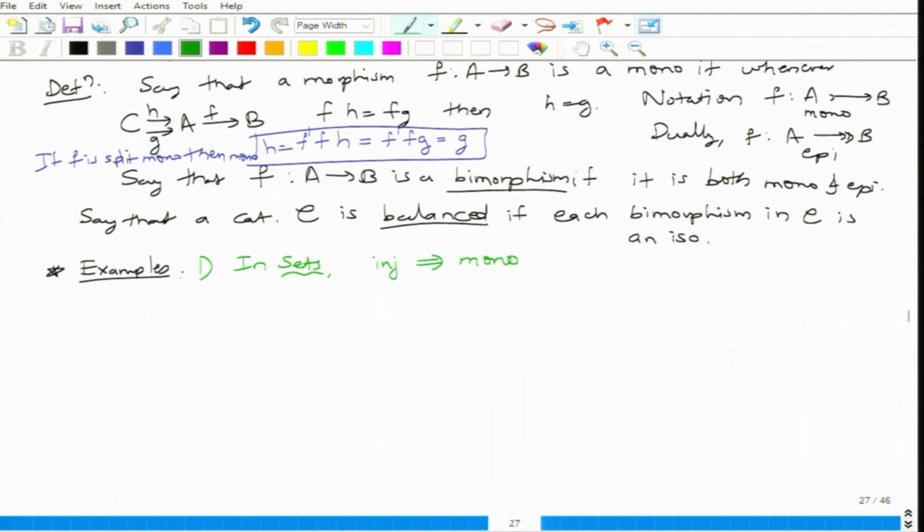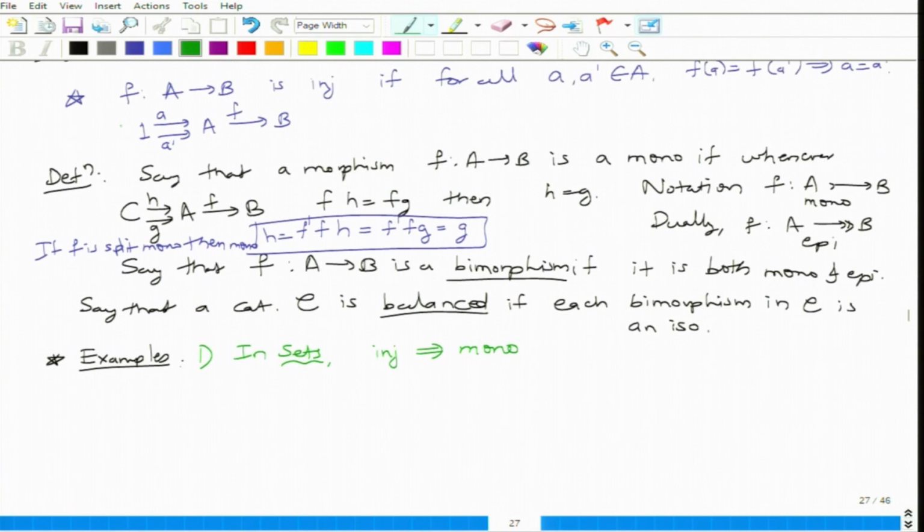No? No, what about this? This particular diagram was constructed only for that. If it is a monomorphism, then for every choice of C and every F and G, whenever the compositions are equal, then G is equal to H, correct.